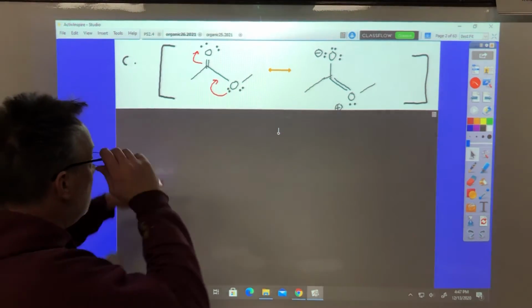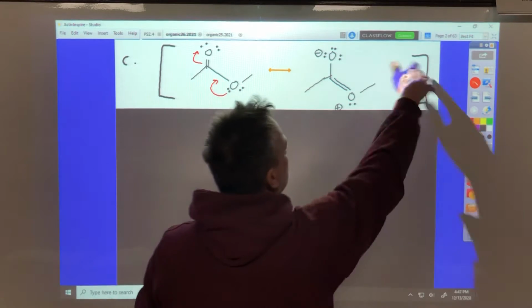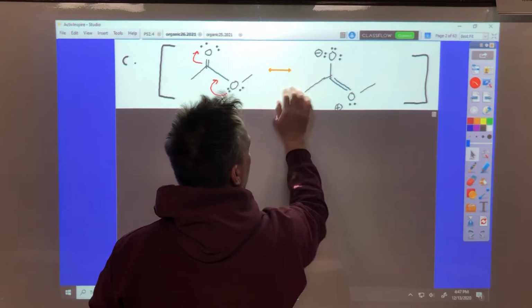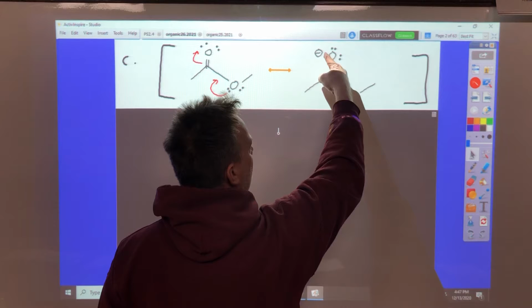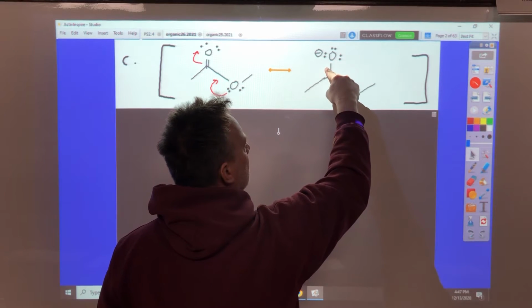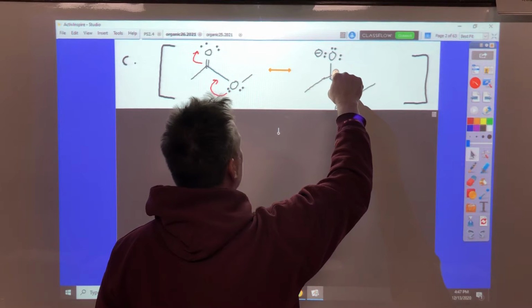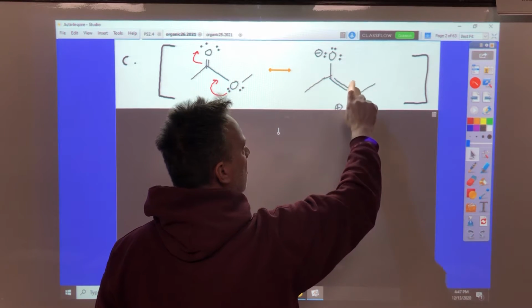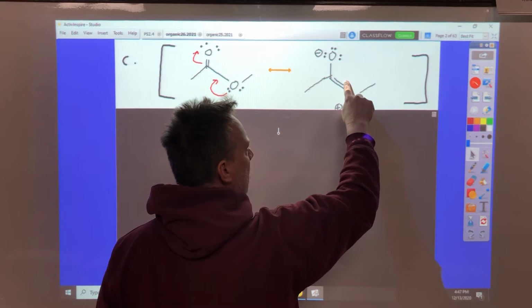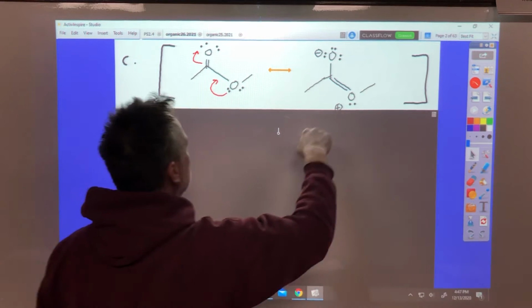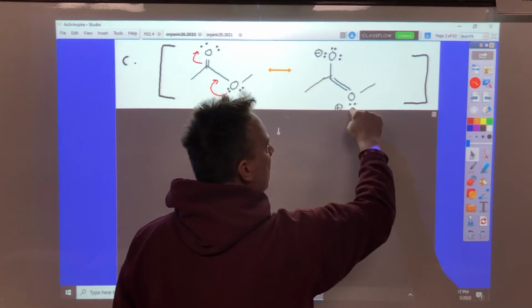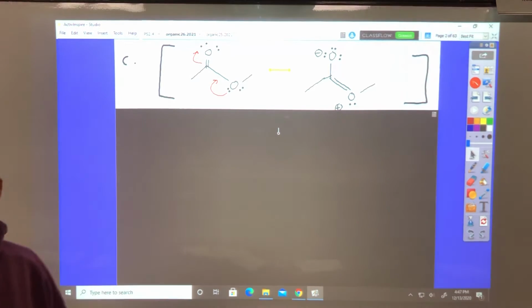Okay, now this is a resonance, so you got a bracket, and you're showing that it can go back and forth, and it could go the other way. You could have a curved arrow showing electrons going back in here to a double bond, but then you have to show this double bond electrons coming out and jumping over here, or jumping out of here onto there as a lone pair, sorry.